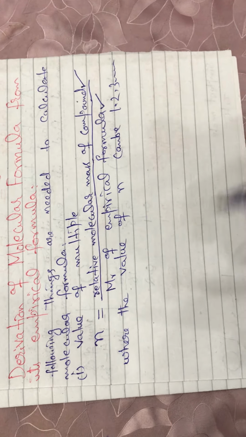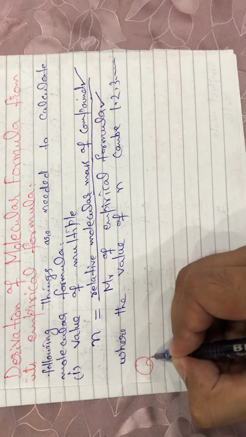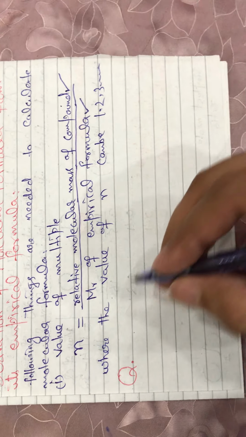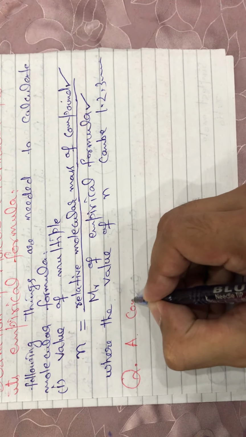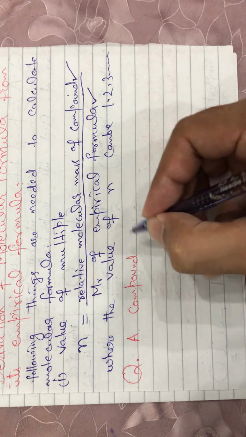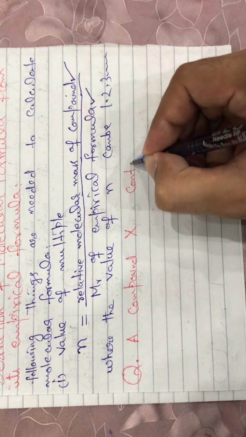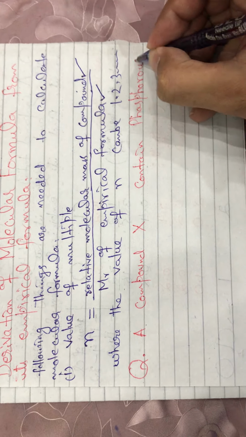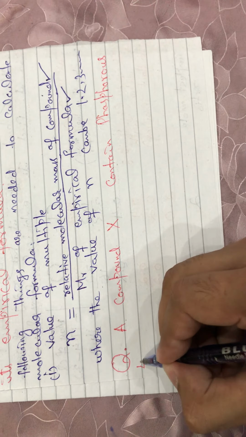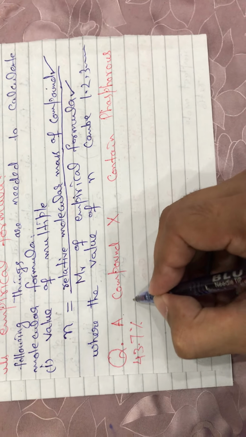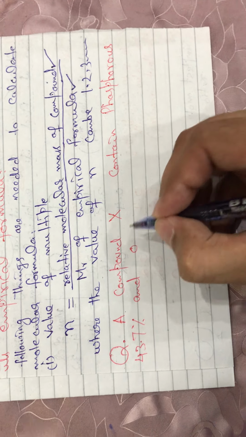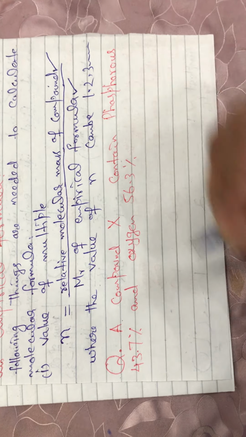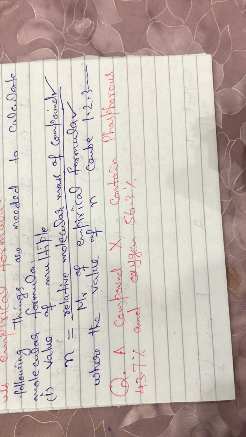Now we are discussing a question in order to calculate the molecular formula of a substance. A compound X contains phosphorus 43.7% and oxygen 56.3%.